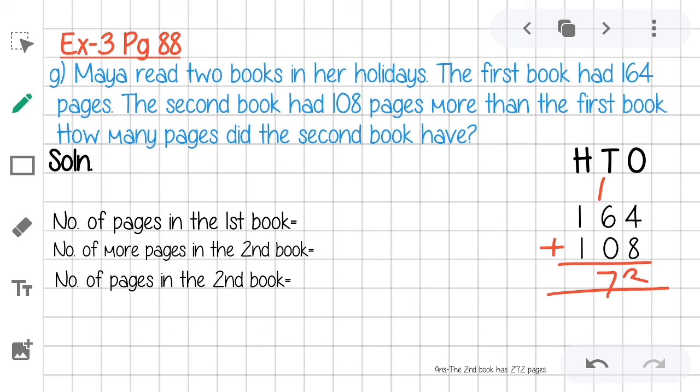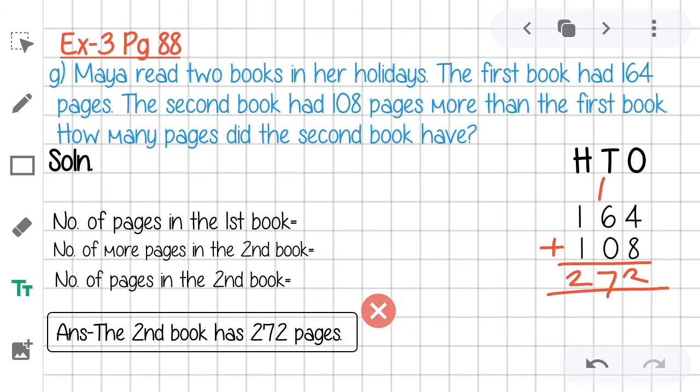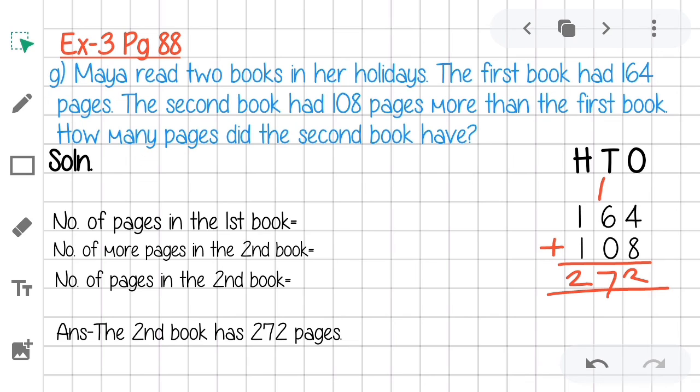So we'll write 7 in the tens column. Now adding the hundreds place, we have 1 plus 1 that will give us 2. So the answer will be the second book has 272 pages.